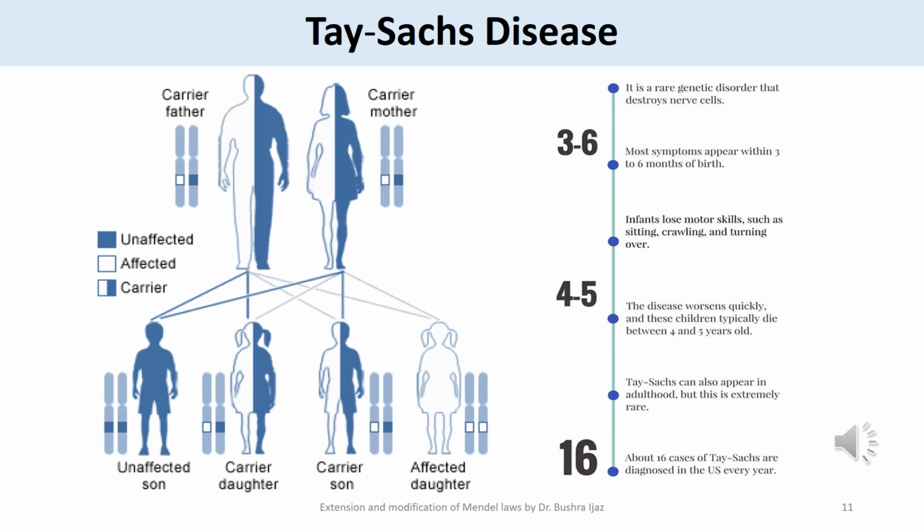Since both the normal and the mutant alleles produce the same amount of the enzyme, they are co-dominant, which is a type of incomplete dominance.